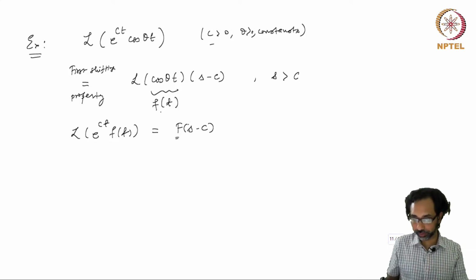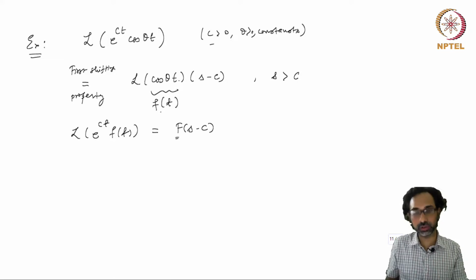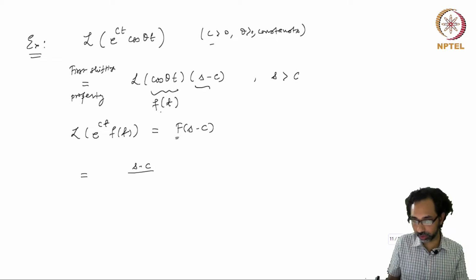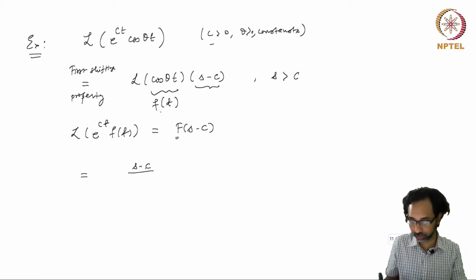But here we know what the Laplace transform of cos of theta t is. Note that we are evaluating at s minus c, so wherever there is an s, we replace it by s minus c.